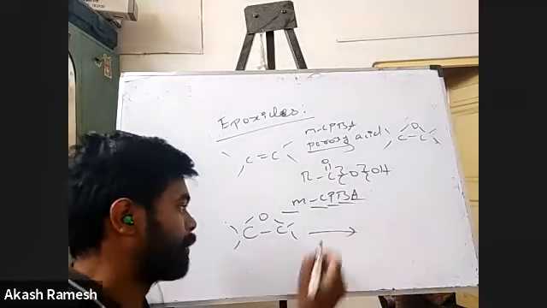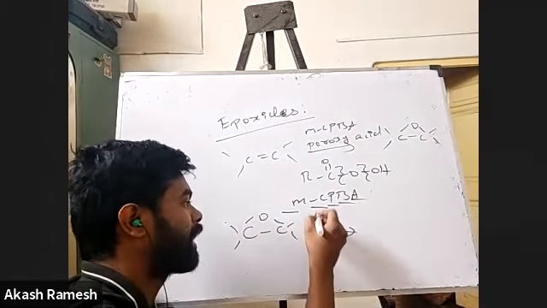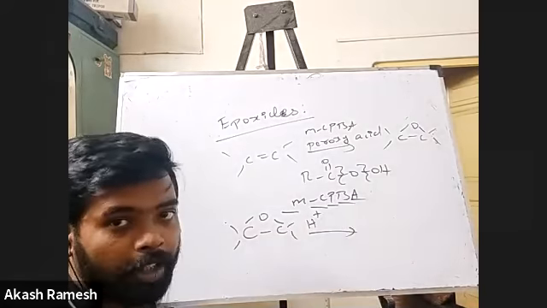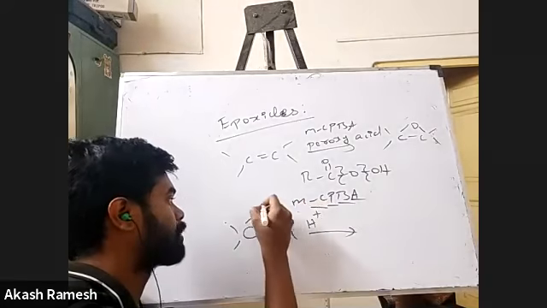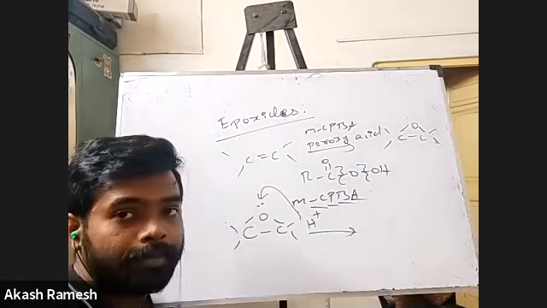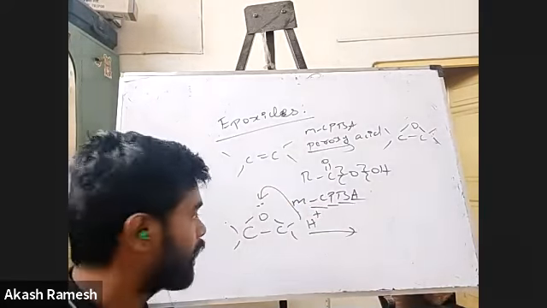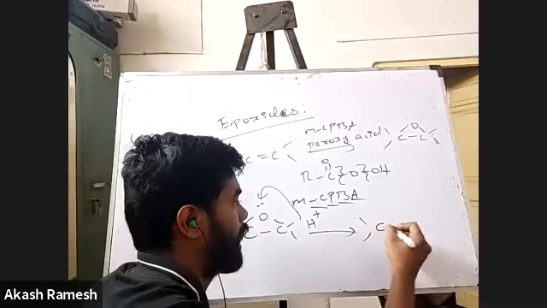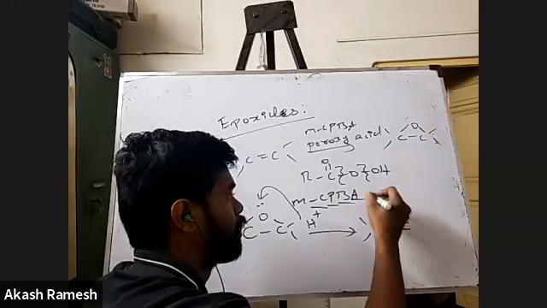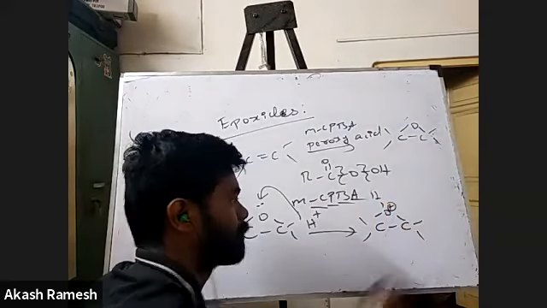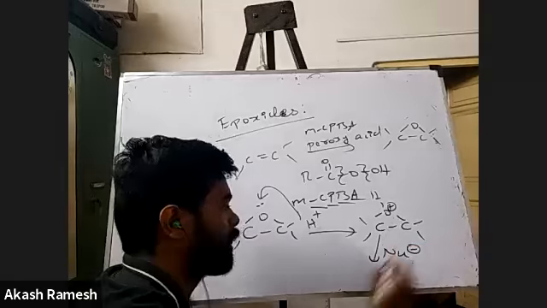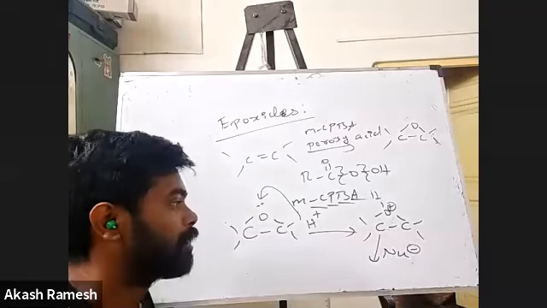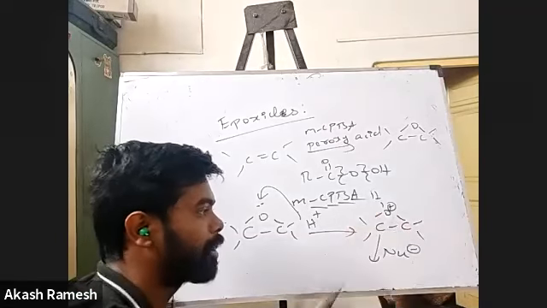For example, if I have H plus coming first, this H plus will attack the lone pair on this oxygen. Now what will happen? I will have OH plus. Now I will have a nucleophile coming. This nucleophile can either attack this carbon or this carbon.